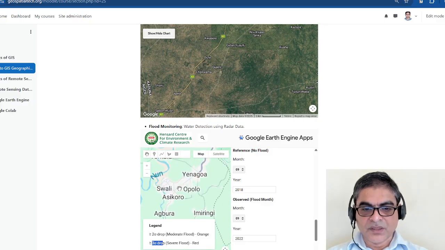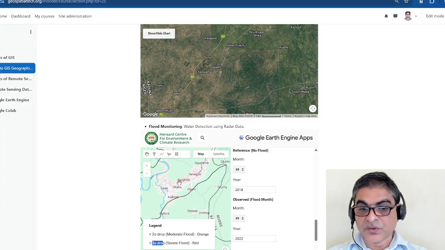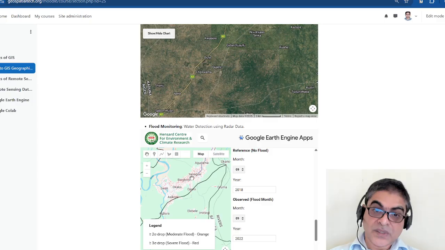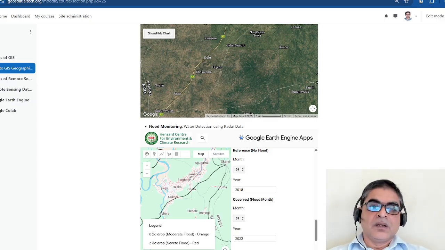The red dots indicate that in 2018, this area in this month did not have water, but in 2022 this area has water. So how much area has water, how many people are affected? All of this is possible with the help of GIS and remote sensing.